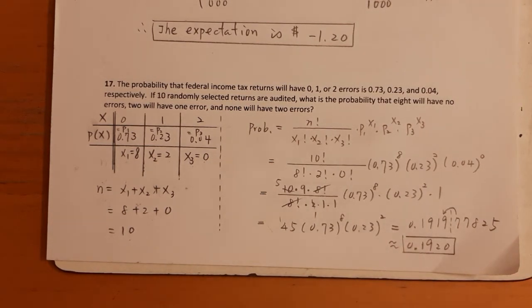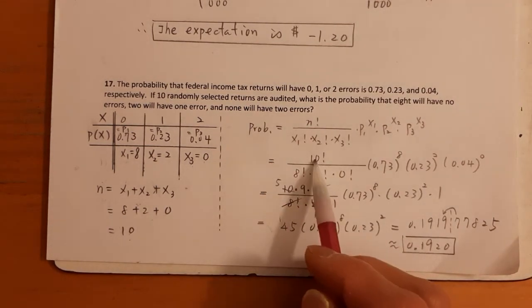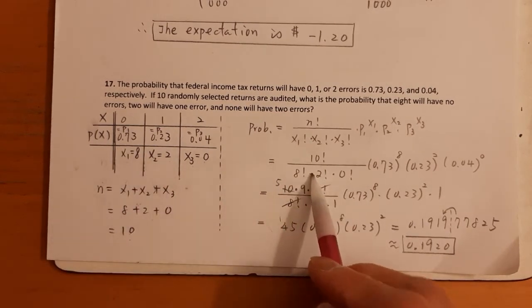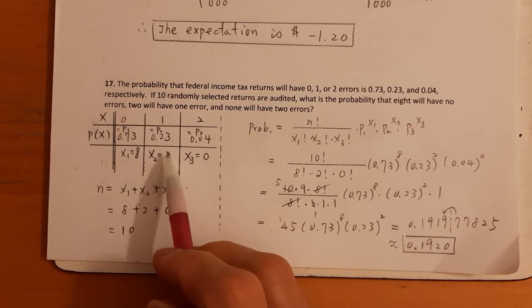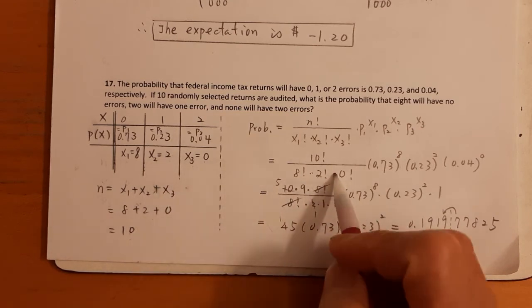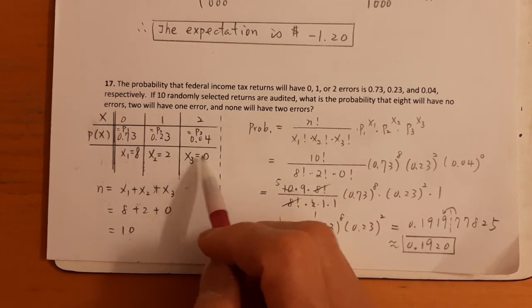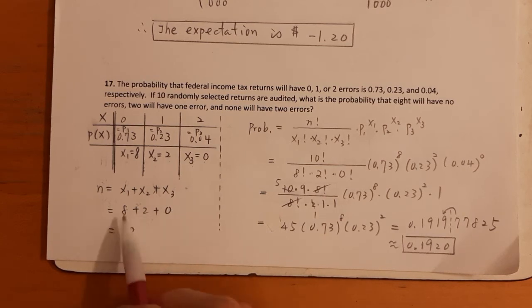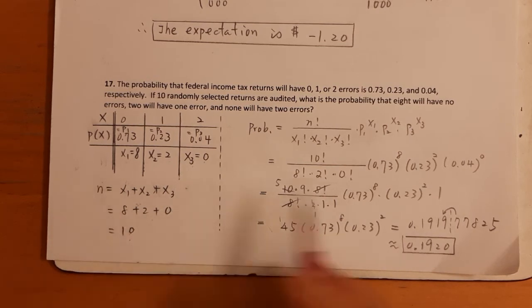So plug in. N equals 10, so 10 factorial over 8 factorial times 2 factorial times 0 factorial. x1 plus x2 plus x3 is 8 plus 2 plus 0, totally 10. It should equal n.